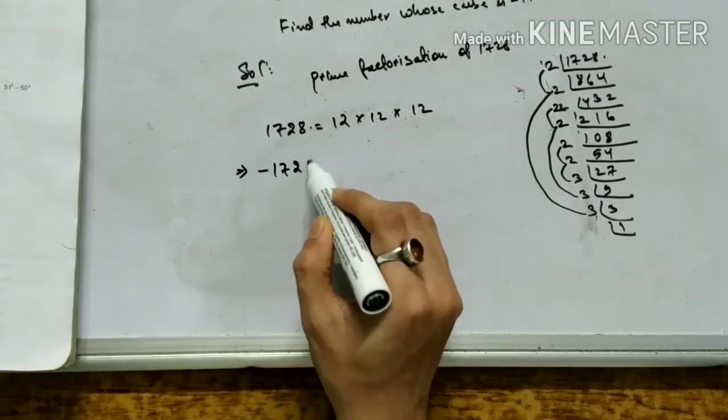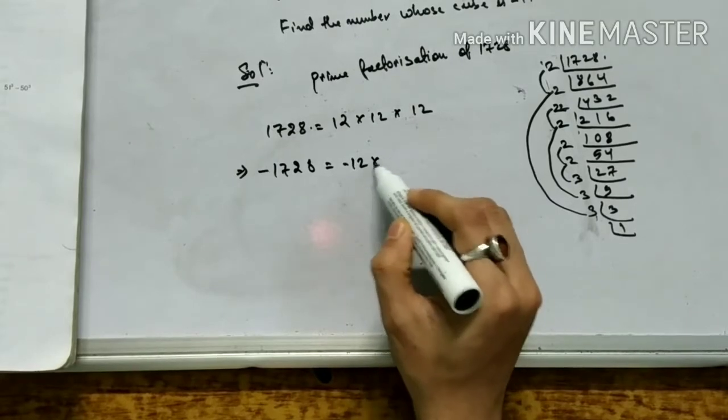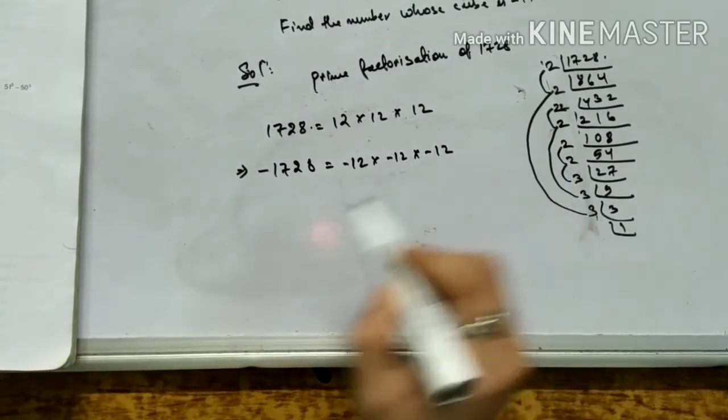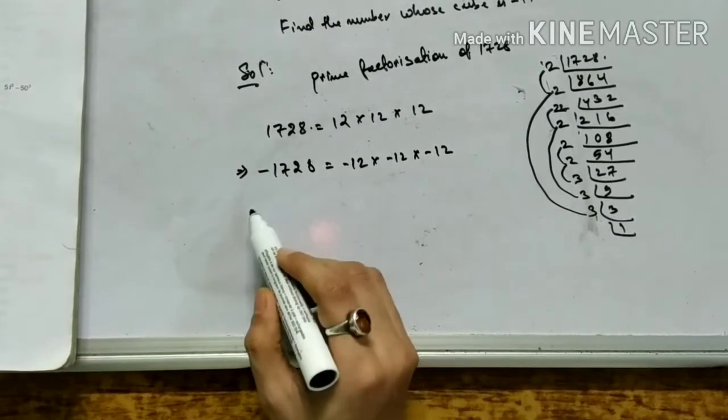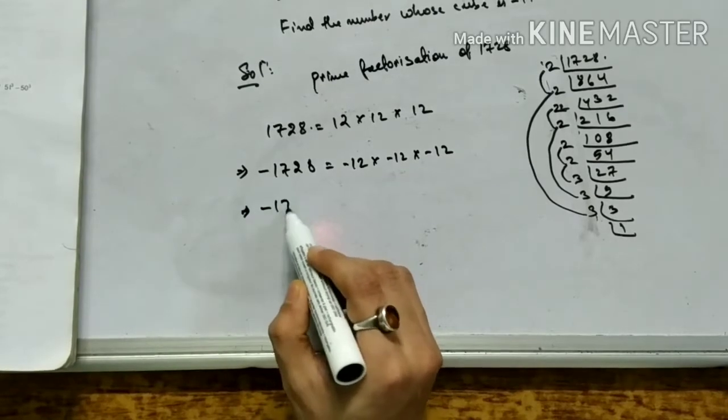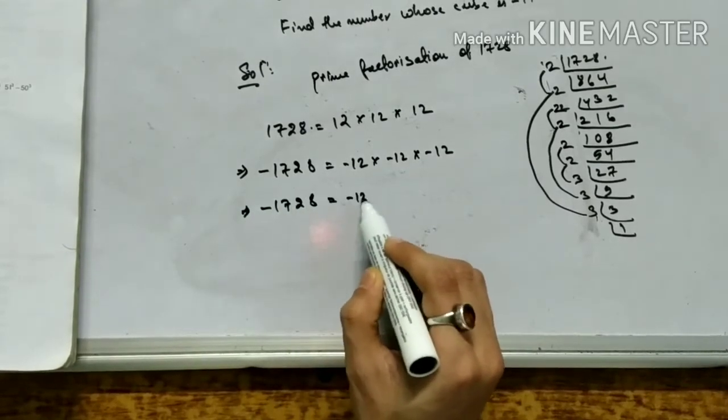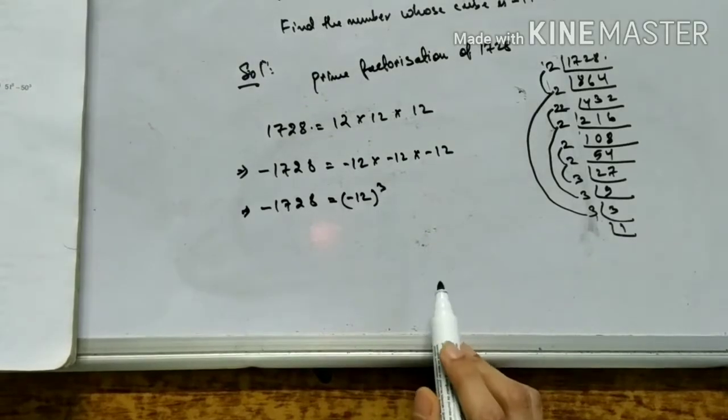Minus 1728, I can write it as minus 12 into minus 12 into minus 12. So therefore minus 1728 is equals to minus 12 the whole cube.